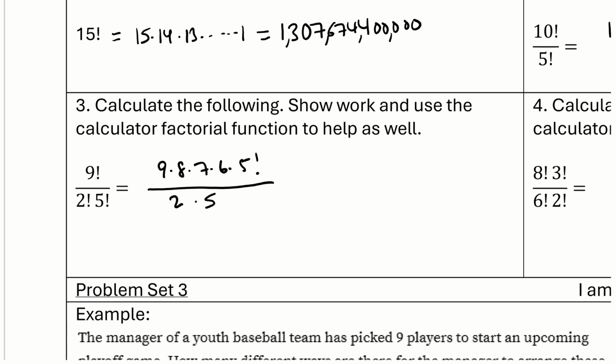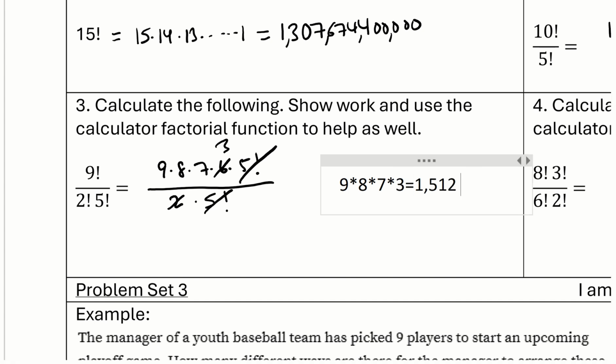And then we got 5 factorial, which cancels. And we know that 6 divided by 2 is 3. And so really we get 9 times 8 times 7 times 3, which is 1512.